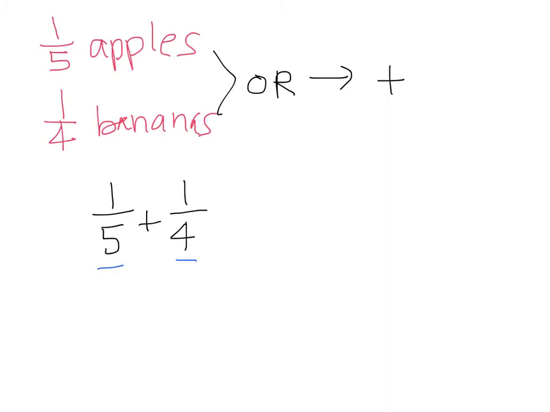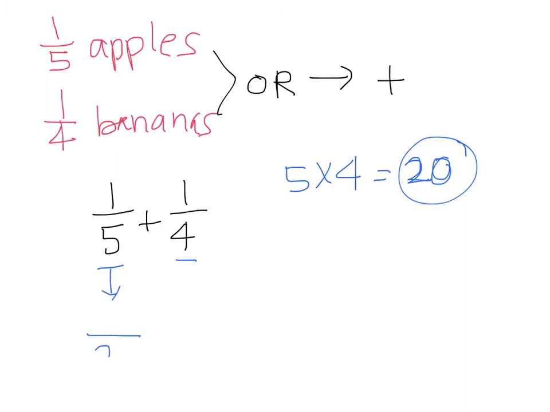So what we're going to do is take the two denominators, the 5 and the 4, and multiply them together to get 20. 20 is now our new denominator. Okay? So we're going to change 1/5 into 20ths, and we're going to change 1/4 into 20ths.